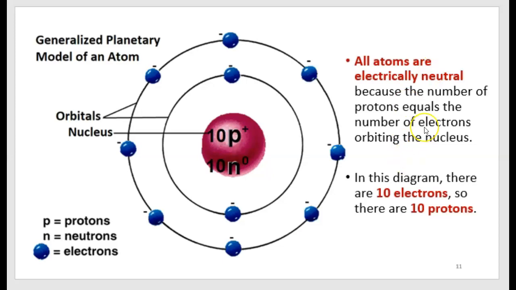So just to review atomic structure, we have an atom here which has 10 protons and 10 neutrons. Because there are also 10 electrons, this particular atom is completely neutral and all the orbitals are full.